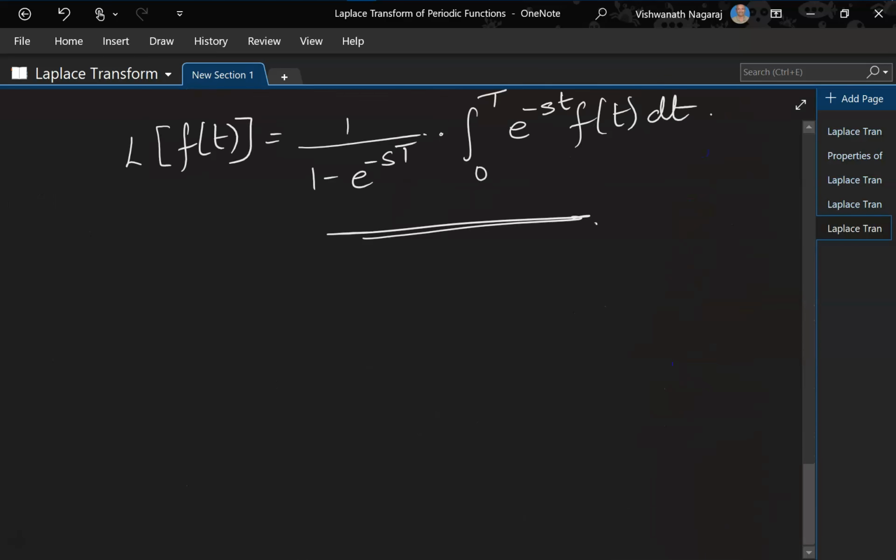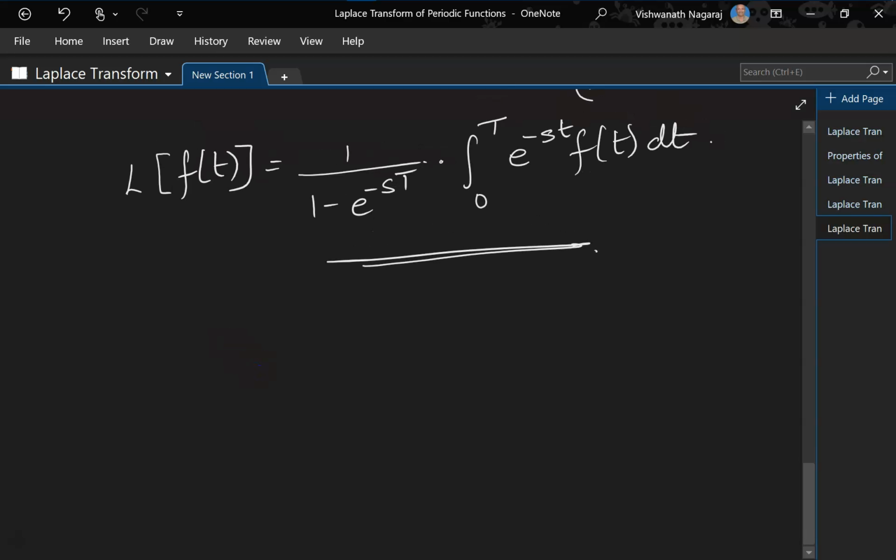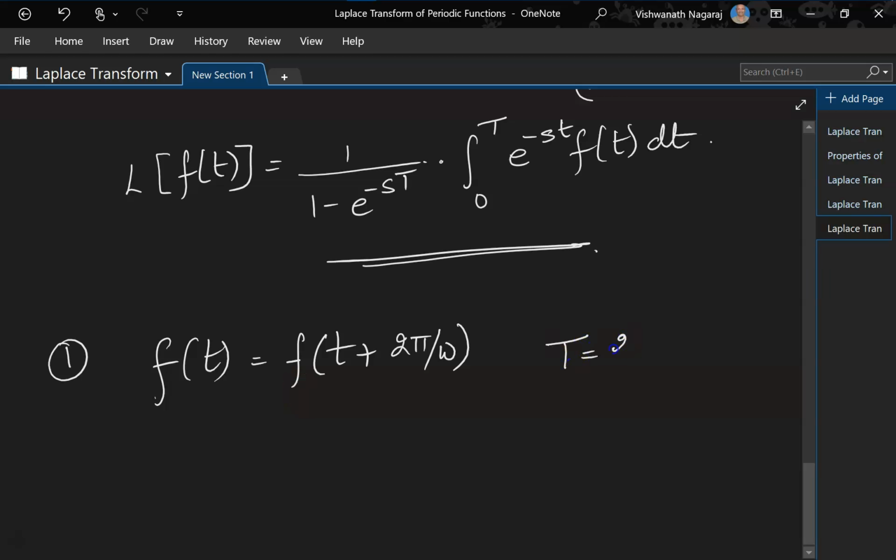Now that we have that in place, let's solve one problem. In future sessions, we'll find the Laplace transform of many functions. Let's start with one. The first is f of t equal to f of t plus 2 pi by omega. This is a periodic function with period 2 pi by omega.